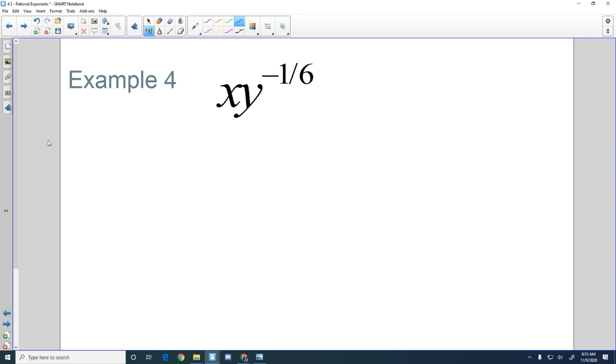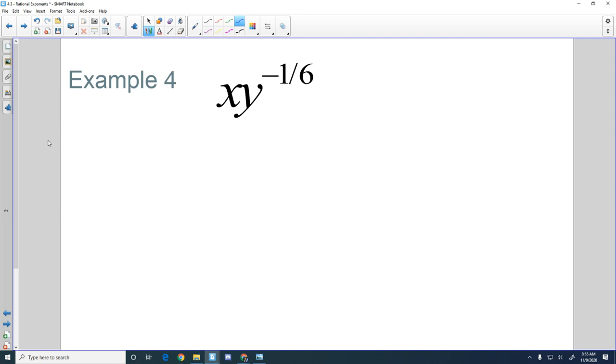Is that negative 1/6 on both the x and the y, or just the y? Ooh. Again, that's one of those common mistakes that I see. That's x to the first power times y to the negative 1/6.